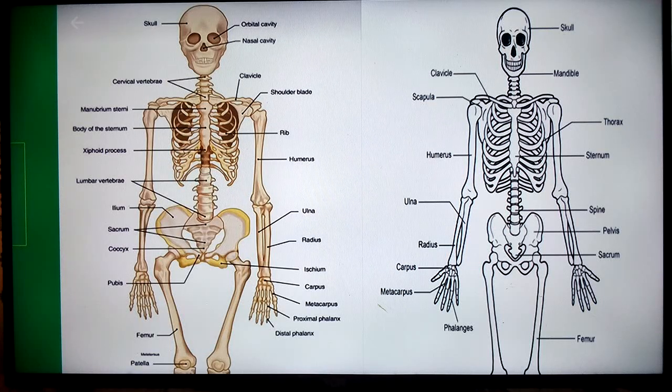So in this case, we said that one of the characteristics of living organisms is that they exhibit the functions of movement or locomotion.